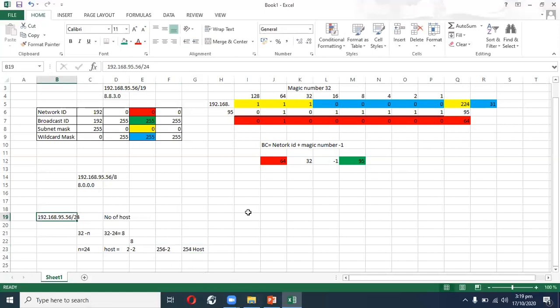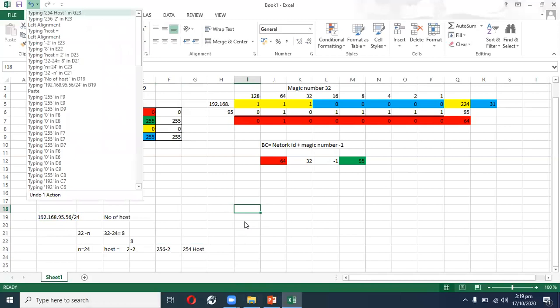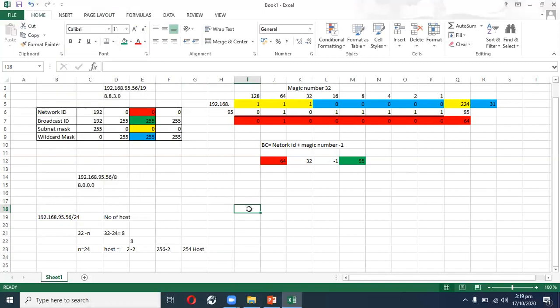Now let's take another example. Let's make it /25. For /25, it will be 32 minus 25. This will give us 7.